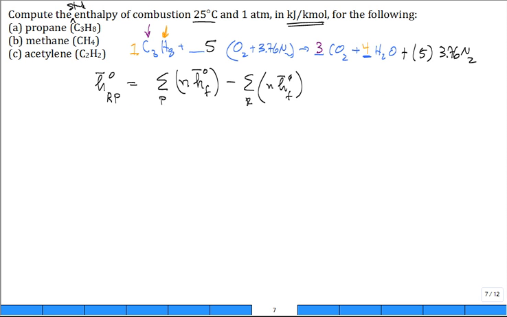So if we write this out, we want to compute the standard enthalpy of combustion for propane.